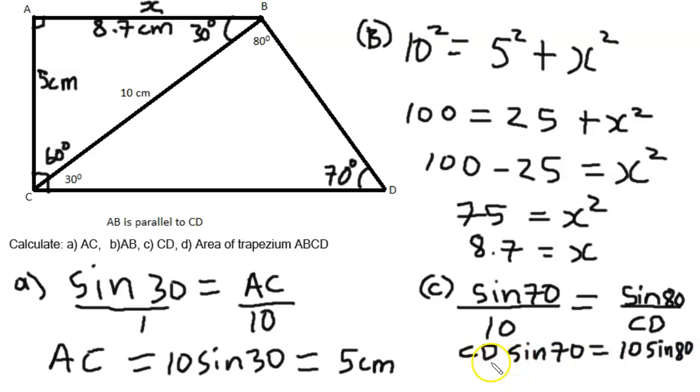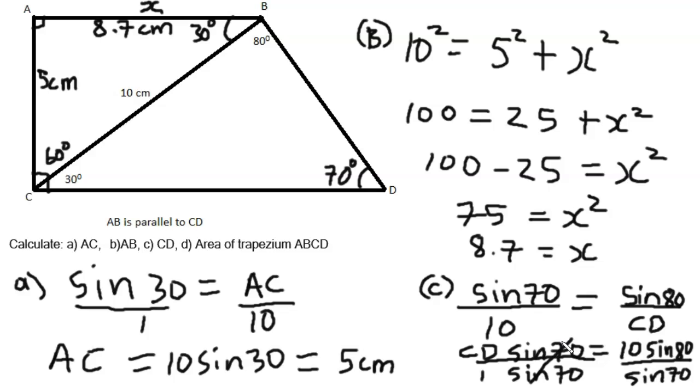And to get CD, we divide both sides by sine 70. Dividing sine 70 into itself, we get 1 here, 1 here, so it's just CD.